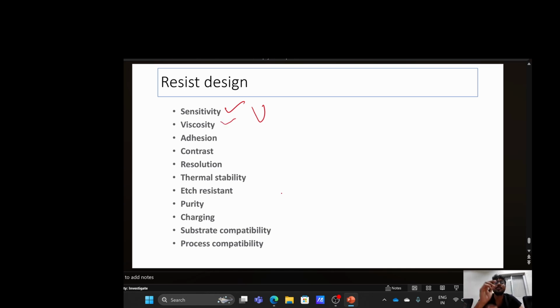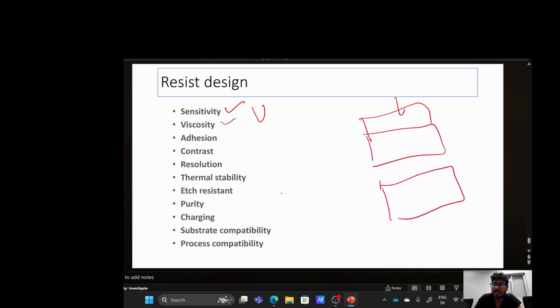Viscosity matters when you are depositing a thin film. The higher the viscosity, the thicker the film during spin coating. The lesser the viscosity, the thinner the film. If the thickness is more, it will consume more energy during the exposure.